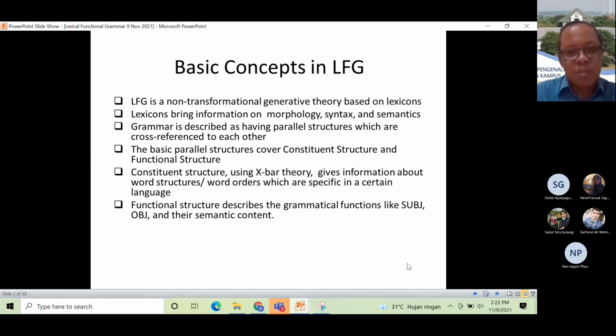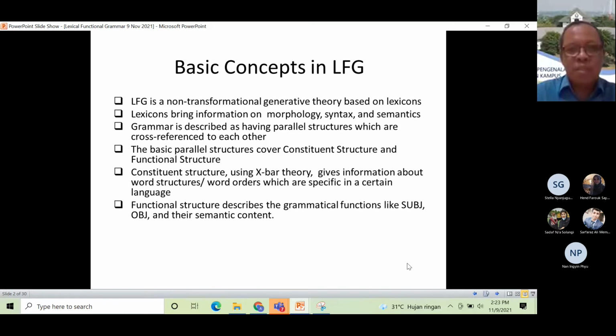This is what we call constituent structure. The other basic parallel structure is what we call functional structure. The functional structure describes grammatical functions like subject and object, as well as the semantic content.